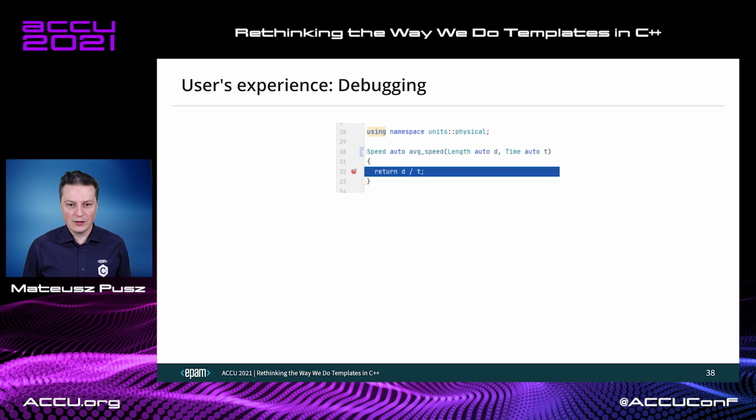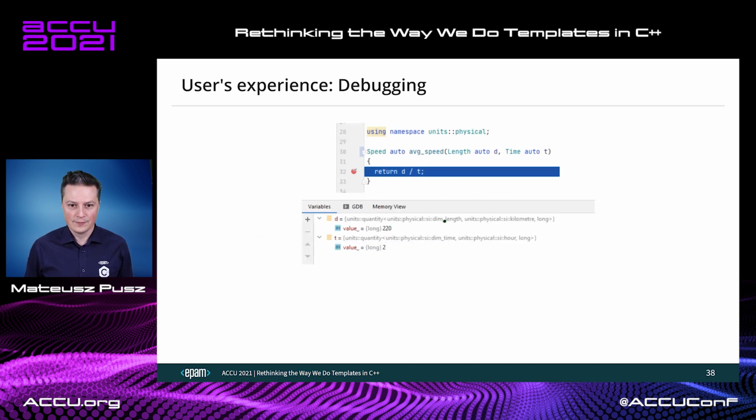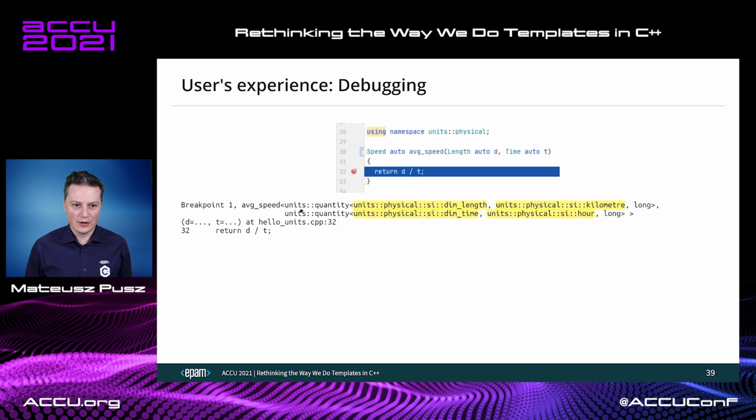If you go to the debugger, you will get all of the information. We'll get information for length with the unit, and for time with unit. You'll have information exactly as the user sees it in the code.